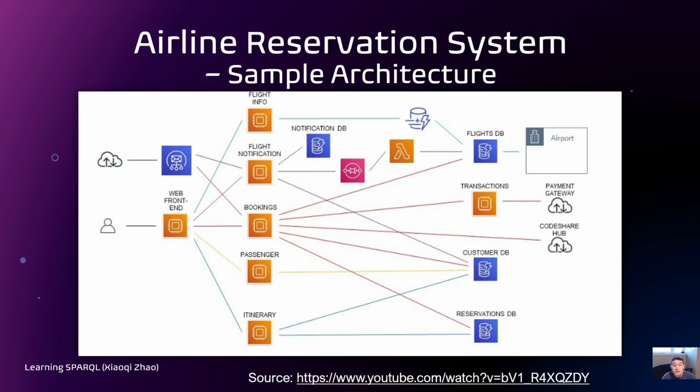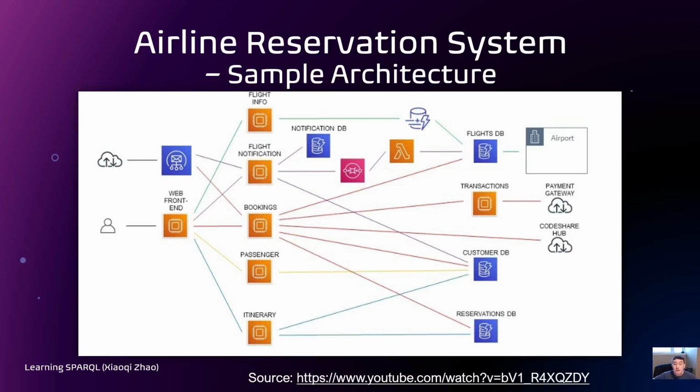If you come to the book, on page 19, in the first section of chapter 2, we start to talk about a sample of an airline ticket booking system.